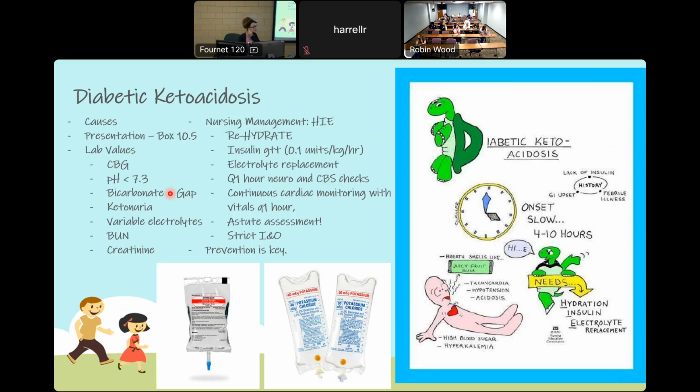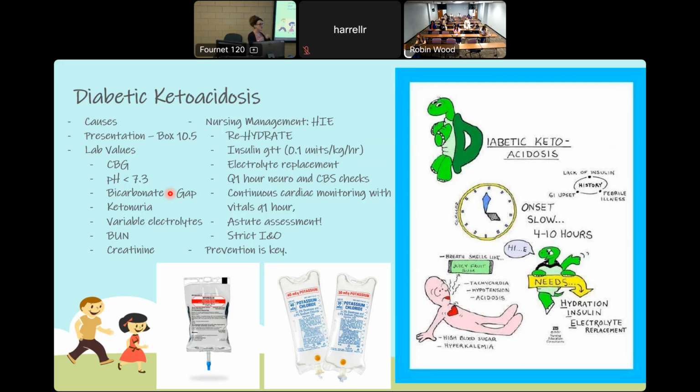Electrolytes can be super variable depending on where you catch them in this process. So I don't want you to get in the weeds about whether the potassium will be high or low. Depending where you catch them, it might be through the roof because of the shifting, because remember, potassium is positively charged, right? Okay, I don't want to blow your mind with this. Potassium is positively charged. So are hydrogen ions, right? So remember when we learned in patho, they're going to do the flip-flop, right?